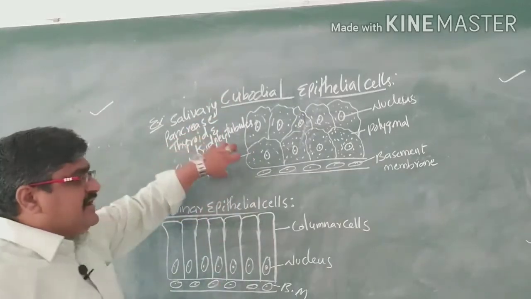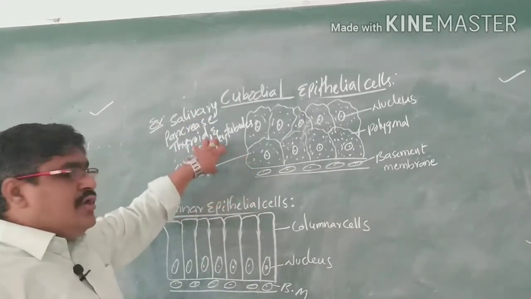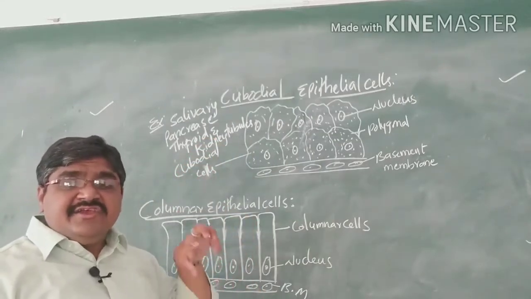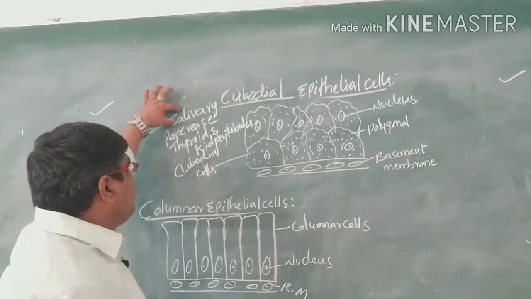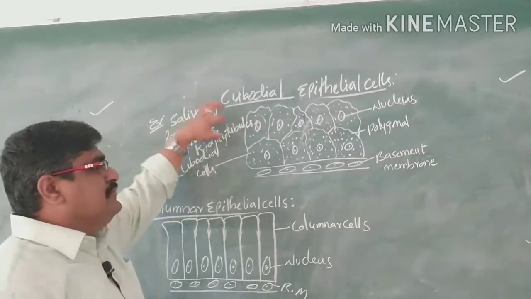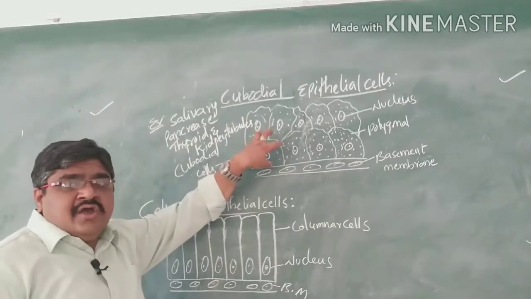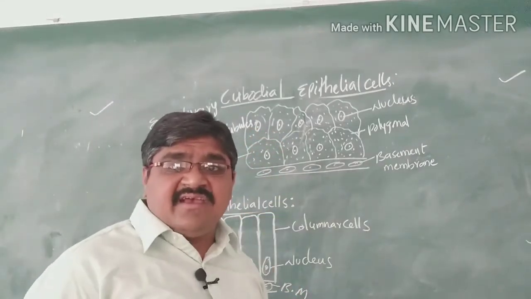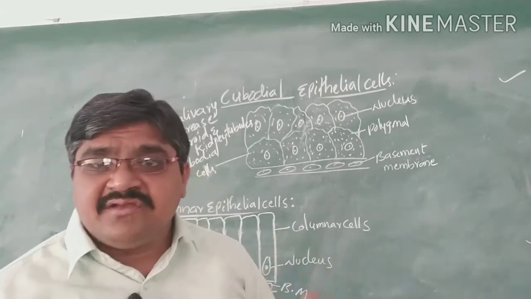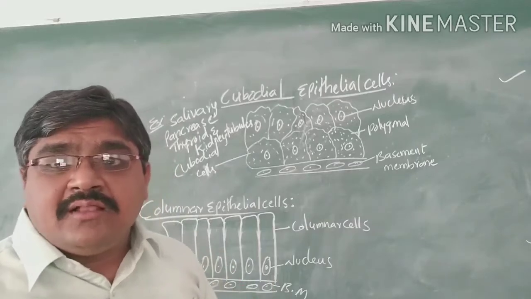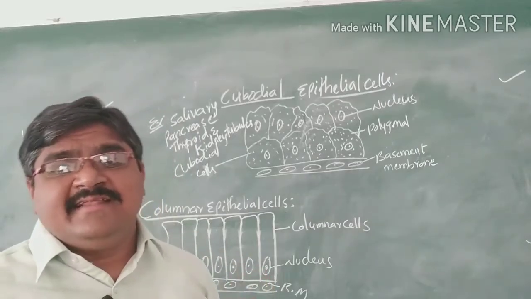So in salivary glands, pancreas, thyroid and kidney tubules, the cuboidal epithelial cells are present. Cells with the same height and width we call cuboidal cells.